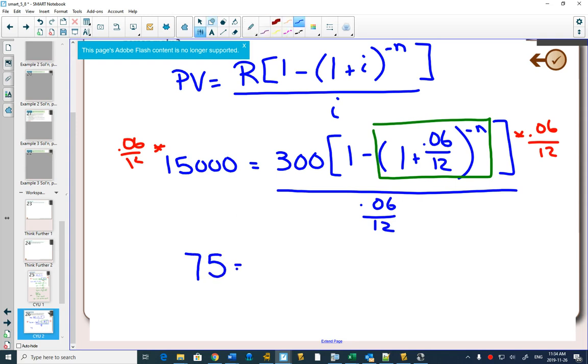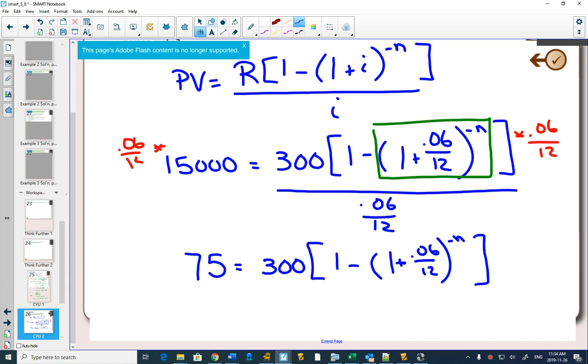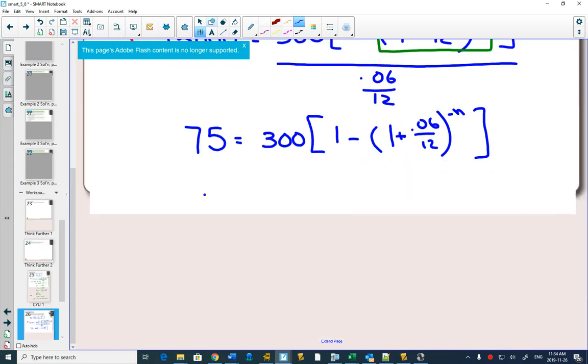That gives us 75 equals 300 square bracket 1 minus 1 plus 0.06 divided by 12 to the negative n. Next, we'll divide both sides by 300.